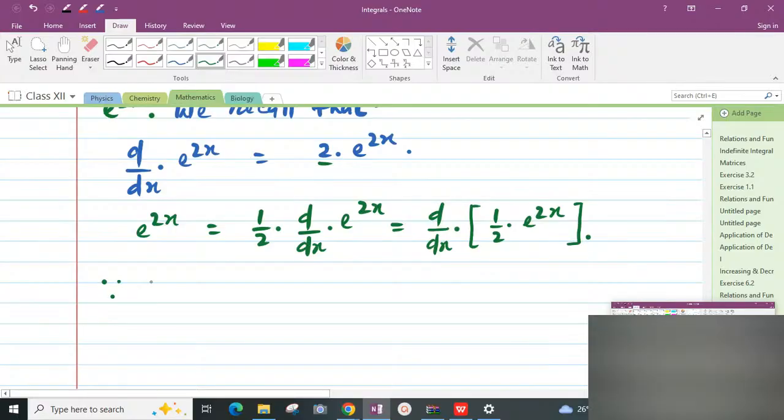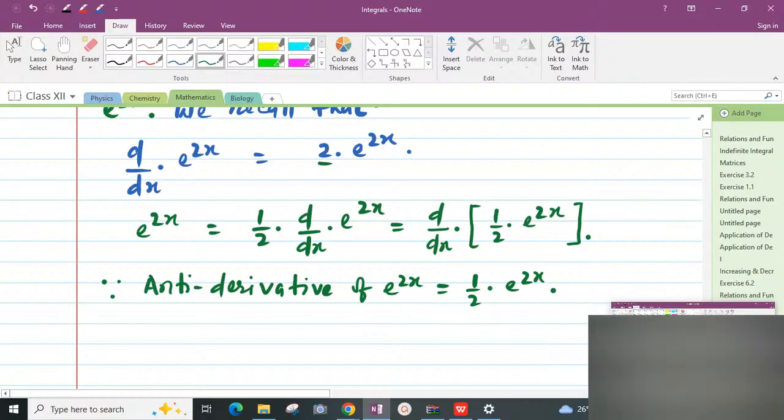Therefore, here antiderivative of e to the power 2x equal to 1 by 2 into e to the power 2x. Hope that there is no problem to understand the solution of this question. Let's see the next question.